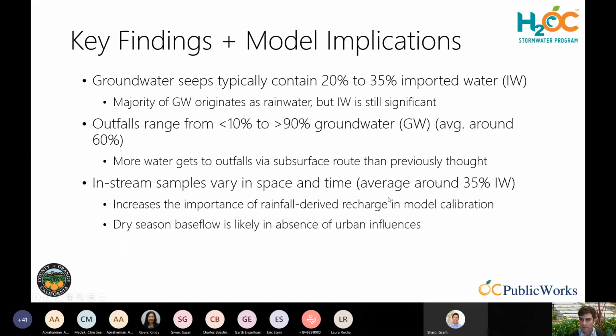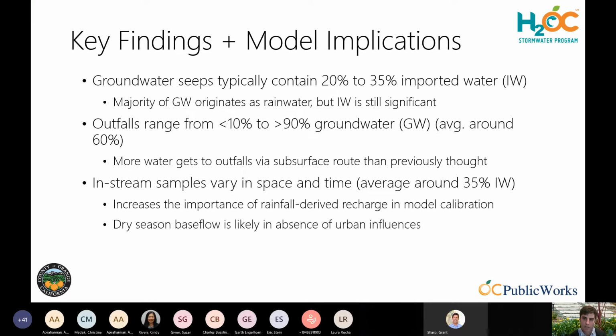Based on our findings, what does this mean for the model that then drives different scenarios? We previously had a lot of the water at the MS4 outfalls being derived from imported water directly from irrigation overspray. We see that quite a bit of that comes through groundwater pathways, and quite a bit of that groundwater is rainwater derived.